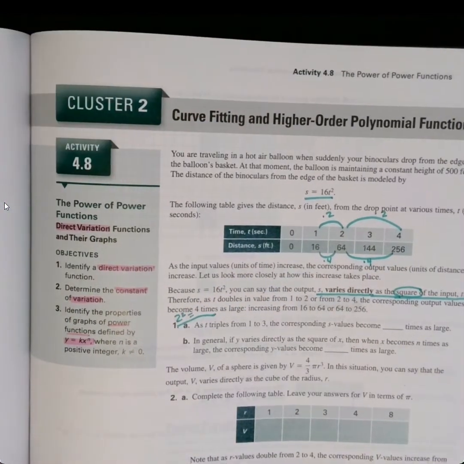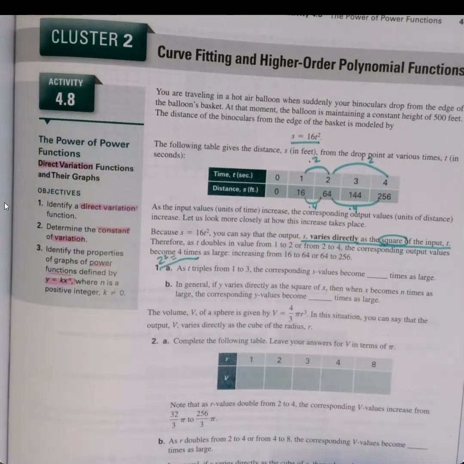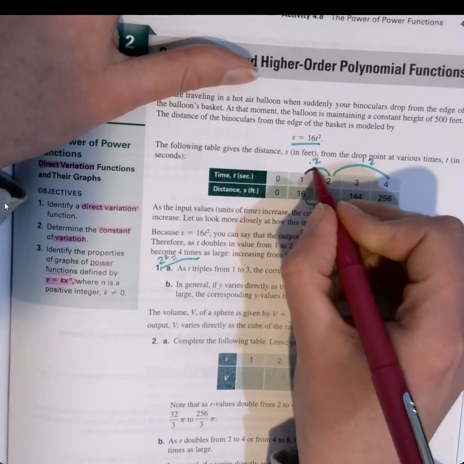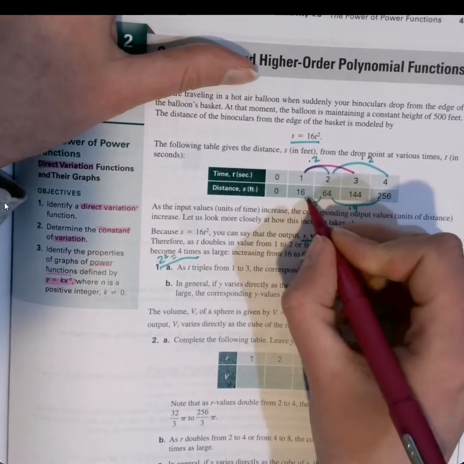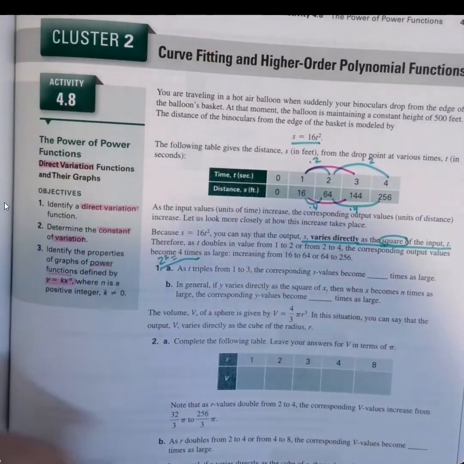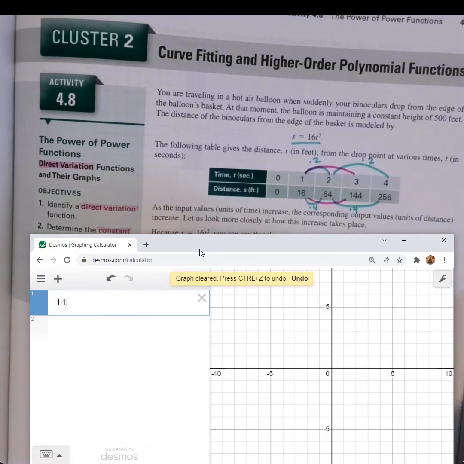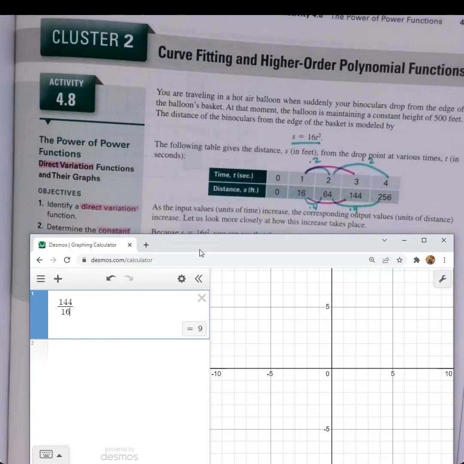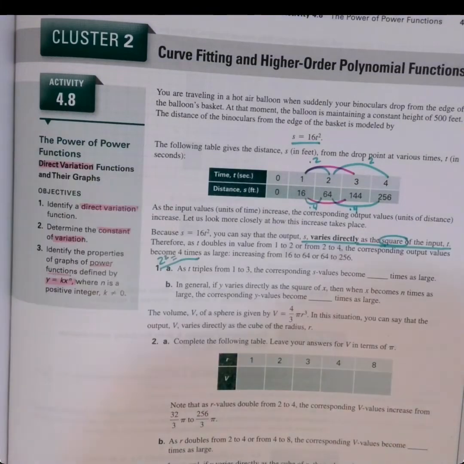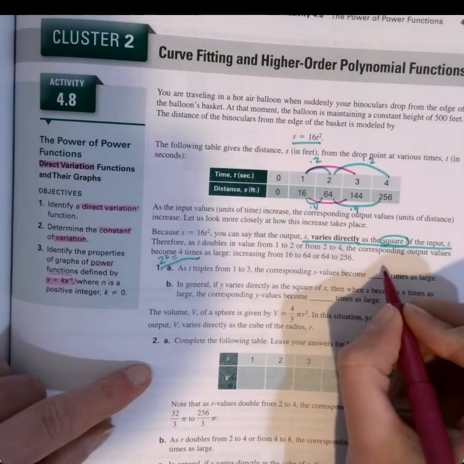Okay, so as t triples from 1 to 3, how much larger does the output become? If we compare this, 144 is 9 times larger than 16. So the output becomes 9 times as large.